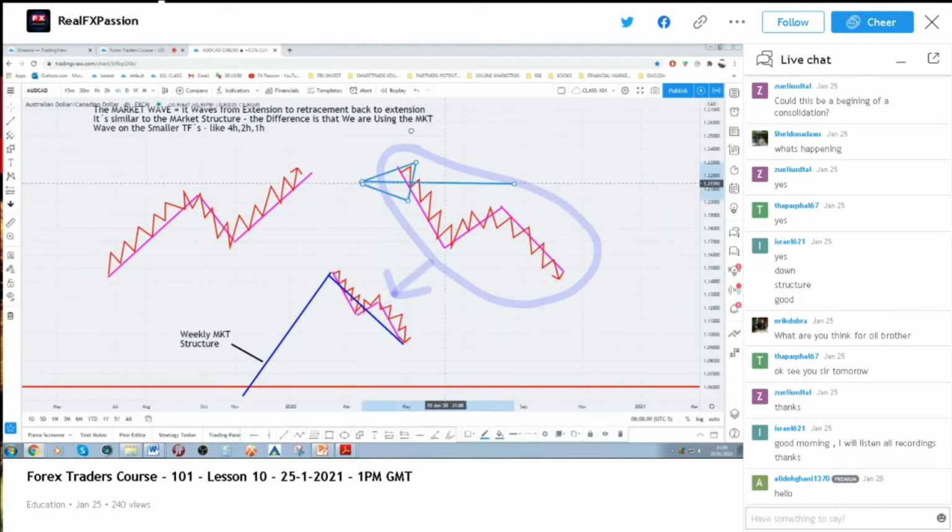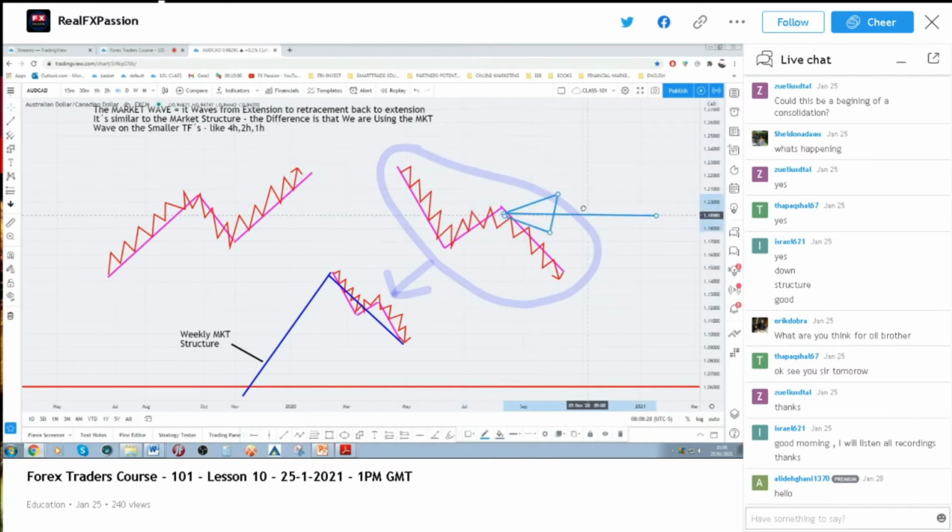This is why the difference is that we are using the market wave on the smaller time frames, like the 4 hour, 2 hour, 1 hour. Make sense, everybody? Take a screenshot, a photo, whatever. So this is the market wave, the violet line. Make sense, everybody?